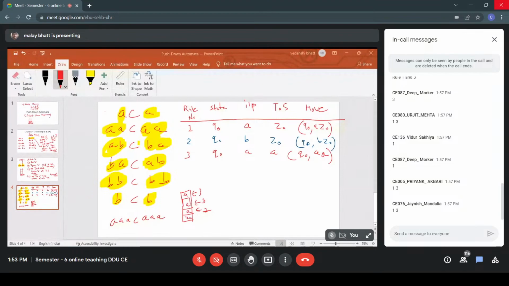Because still rule number 3 is applicable. When can we apply rule 3? When input is A and top of the stack is also A. When both are A, we can apply rule number 3, and it is a push operation. We are not changing the operation here. If we are changing the operation, this rule is not applicable.